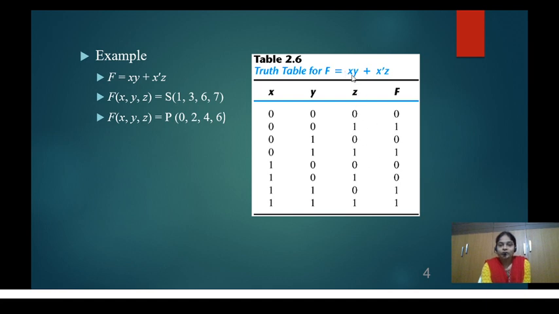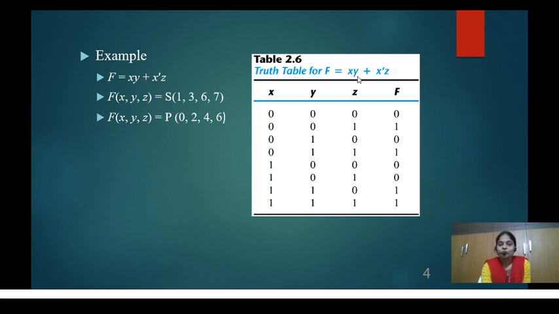It will be represented: x, y means 1, 1, and the z value may be either 0 or 1. So for the combination x, y equal to 1, 1, you will get two combinations, since z may be either 0 or 1. For that you put 1.